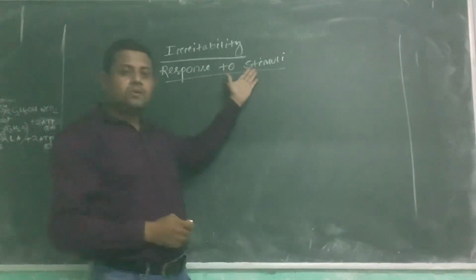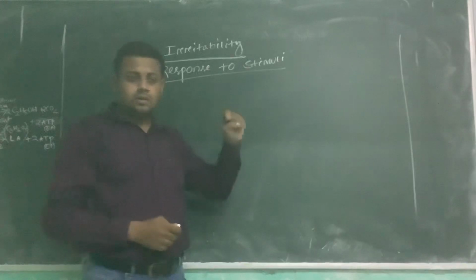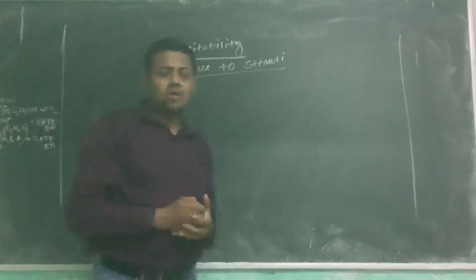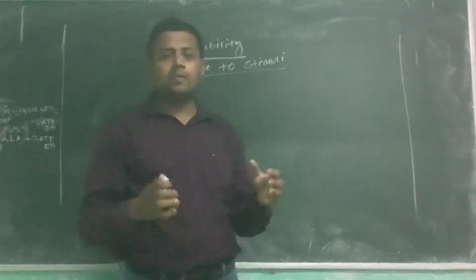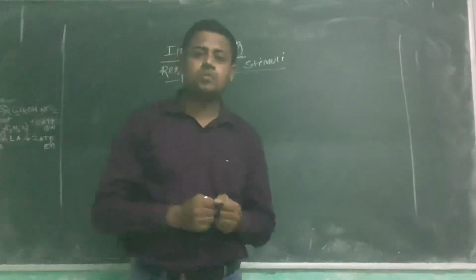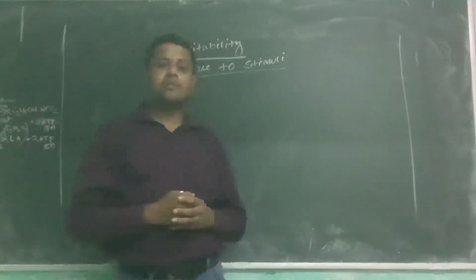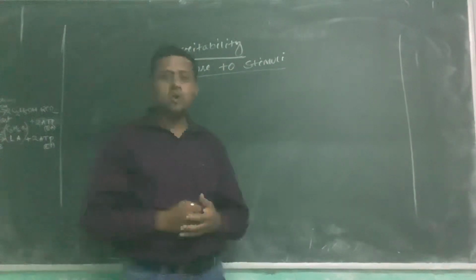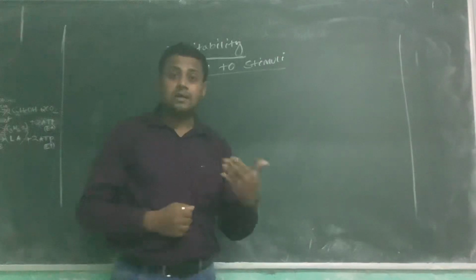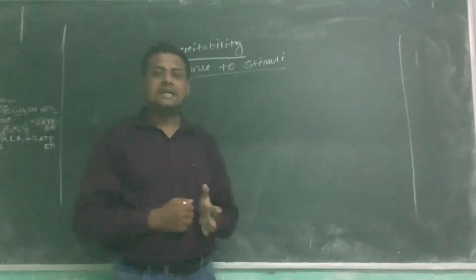Stimuli is the plural form; the singular form is stimulus. The different organs of our body receive different types of stimuli or messages from the surrounding environment and show response in a characteristic manner. This is known as irritability.